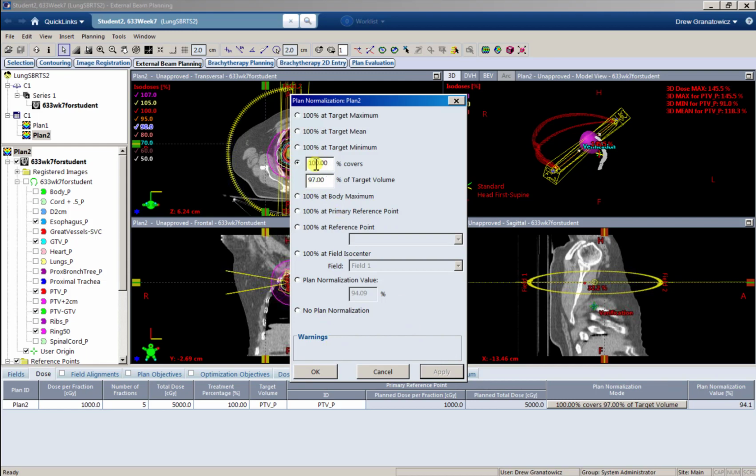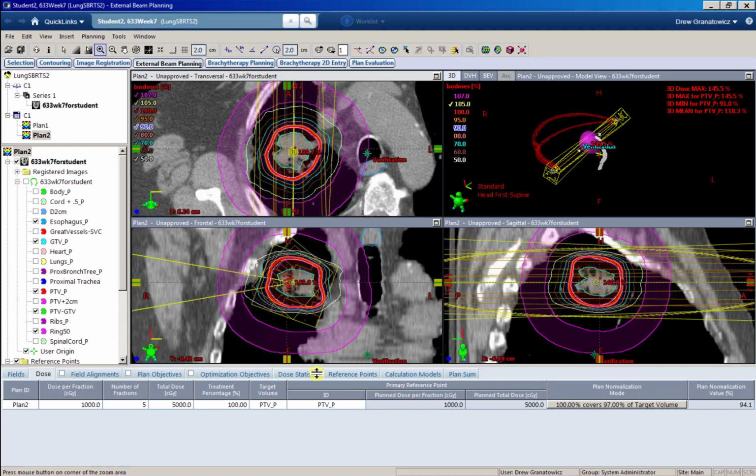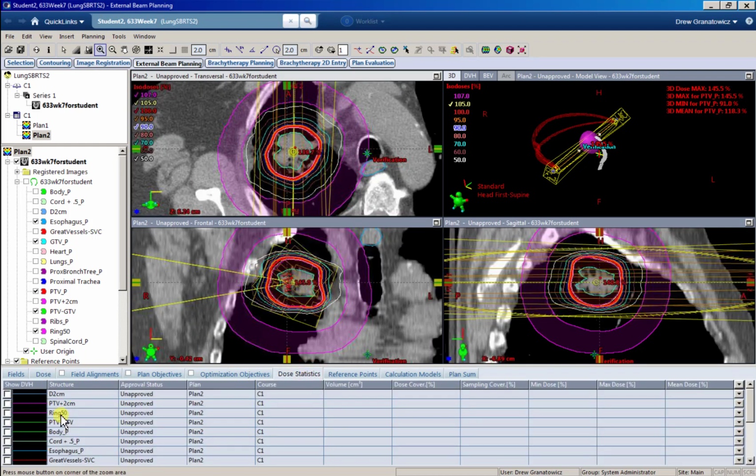So let's normalize to pretty good coverage, 97%. Let's go here to dose statistics, ring 50. Worst case, I want it below 50, so we are below 50. Probably could do a little better if we wanted to, but we are below 50.